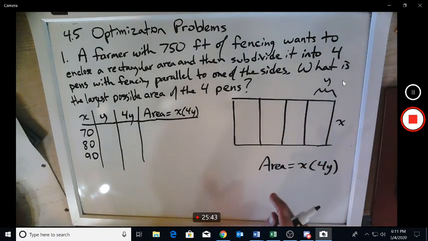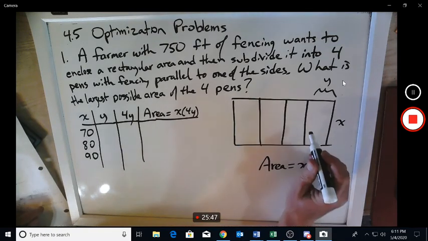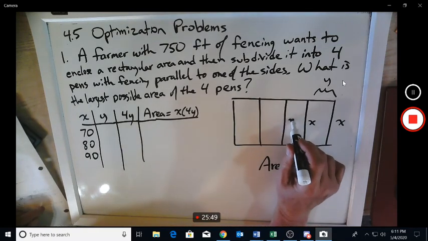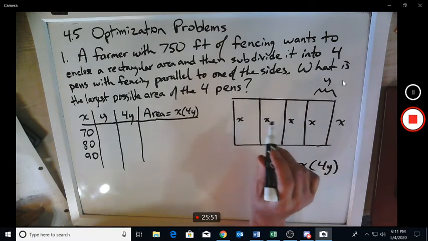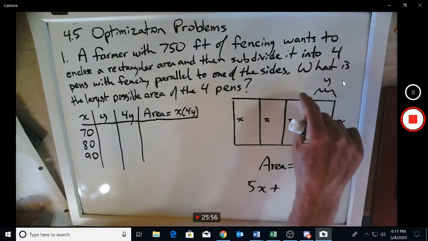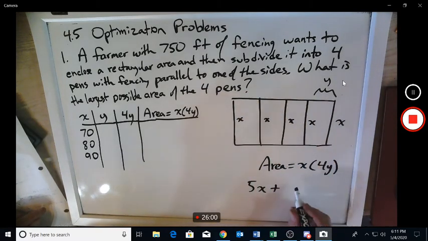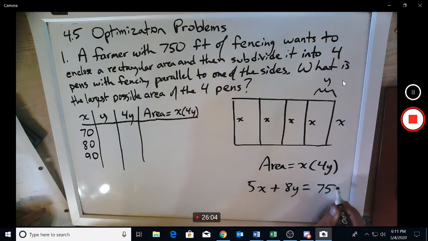Now we know that it must be true that, how many x's are there? 1, 2, 3, 4, 5. 5x plus, now the y's, 1, 2, 3, 4, 5, 6, 7, 8, plus 8y has got to use up all 750 feet of fence.